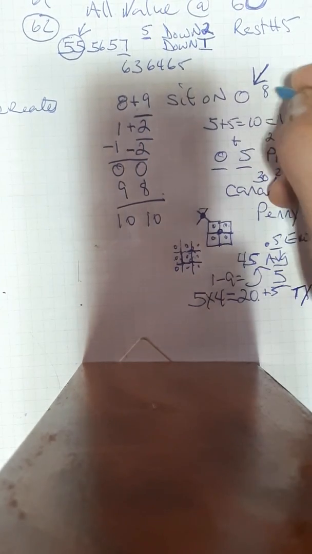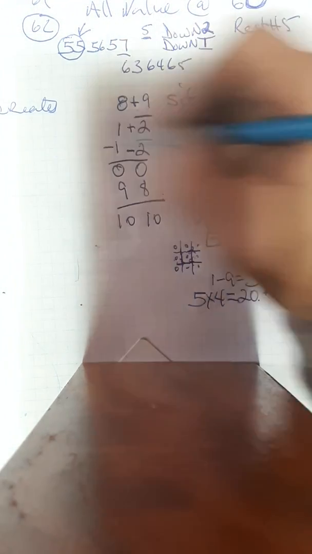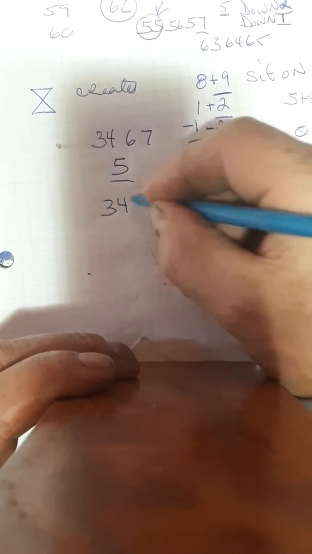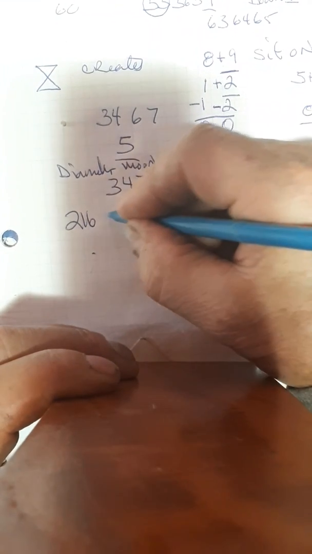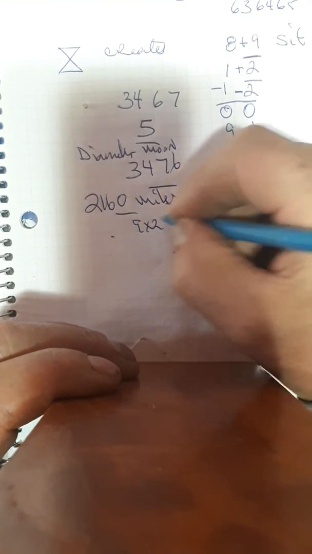8912 goes for 0. 3, 4, 6, 7 goes for 5. 3476 is the diameter of the moon, which is 2160 miles, representing 9 days times 24 hours.